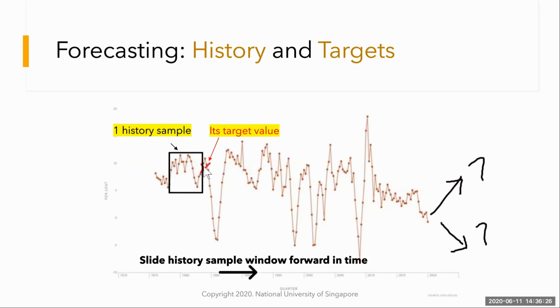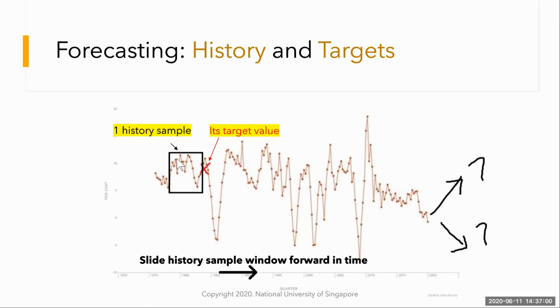Of course you can do the 21st, 22nd, 23rd, 24th all the way, but the most simple approach is to just take one value and say this is the target. This window is going to slide across the whole series. So I will have transformed this sequence into history and target, history and target, history and target, until finally at this point I have no target because I ran out of windows, right? So I will use my machine learning model to predict what the target outside the window is going to be.